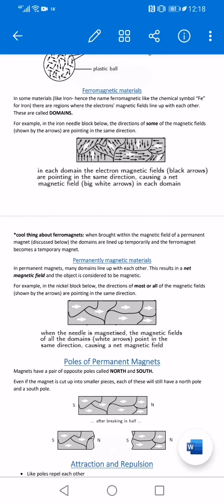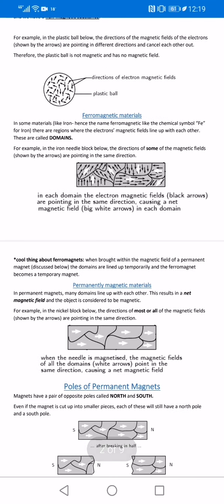The cool thing about ferromagnets is if you take a ferromagnet and you put it within the magnetic field of a permanent magnet, which we'll get to, then you can actually turn your ferromagnet into a magnet. Okay, so it will actually act like a magnet, but it will only be temporary. You cannot turn it into a permanent magnet. Okay, so you can take a ferromagnetic material, put it within the magnetic field of a real magnet, a permanent magnet, and it will turn into a temporary magnet.